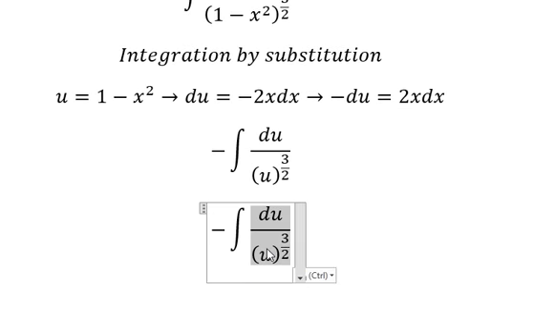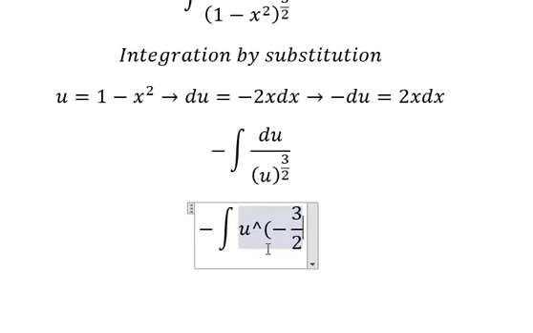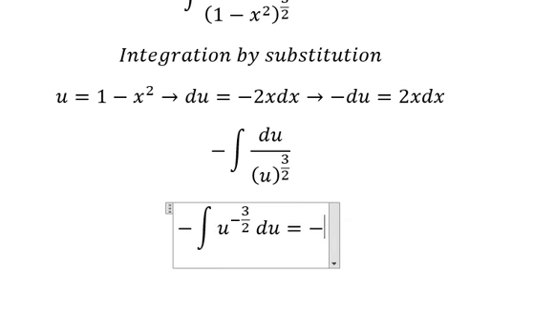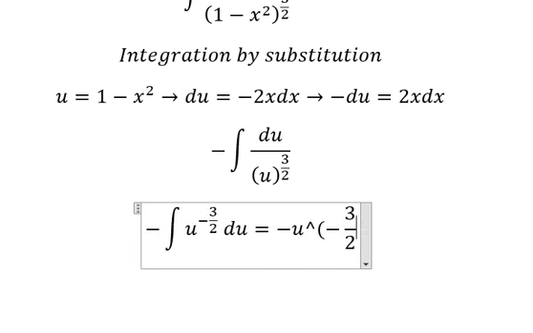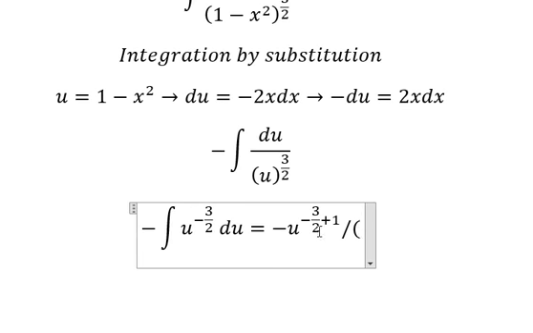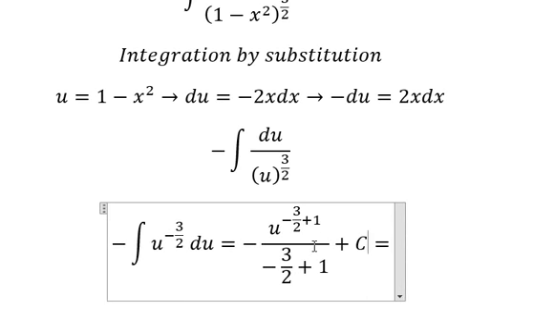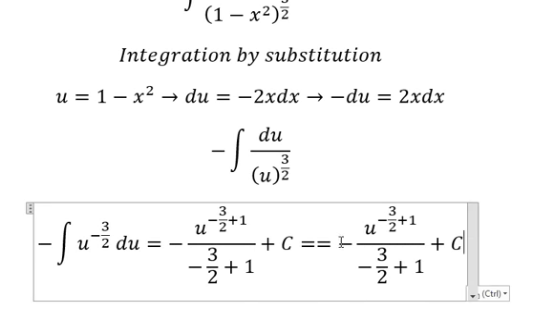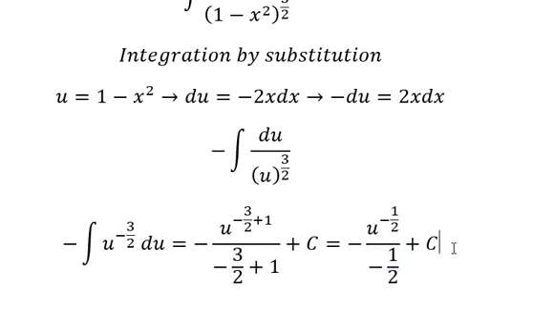So this one you get u to the power of negative 3 over 2 du. The integration of this one you get u to the power of negative 3 over 2 plus 1, over negative 3 over 2 plus 1, and we put c. This one you get negative 1 over 2. This one you get negative 1 over 2.